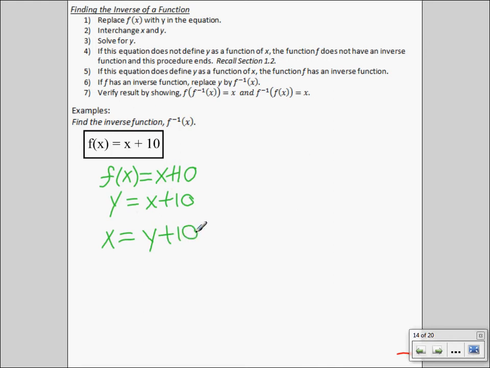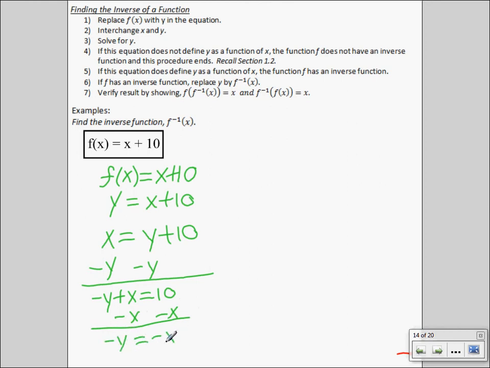Okay, solve the equation for y. So let's subtract y on both sides. So we have negative y plus x equals 10. Now to get y by itself, subtract x on both sides. So we have negative y equals negative x plus 10. Now finally, to get just a solid y by itself, you can multiply negative 1 on both sides of the equation.